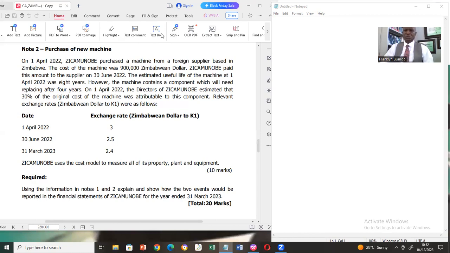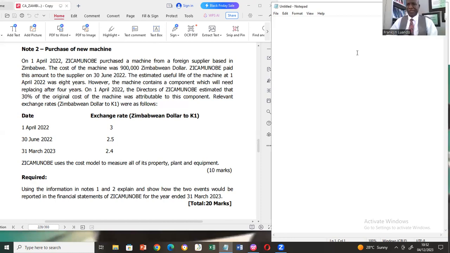Now, I just want to explain monetary items and non-monetary items. Non-monetary items are not retranslated. These refer to machines, the buildings, the purchases, the revenue. These will remain the same when translated on the date of transaction.